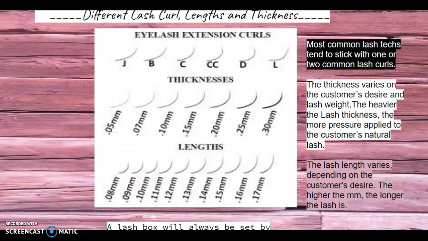This is letting you know, hey, what kind of curl do I have? I have a C curl. What kind of thickness do I have? Hey, it's 15 millimeters in thickness. How long is it? Maybe it's 8 millimeters short, or maybe it's 17 millimeters long. That's how you can determine your lash box. That is also important. A lash box will always be set by millimeter, curl, and lash thickness. I'll say it again. A lash box will always be set by millimeter, curl, and lash thickness.